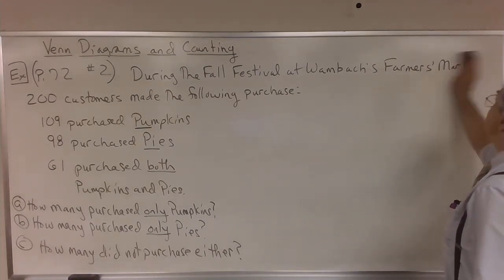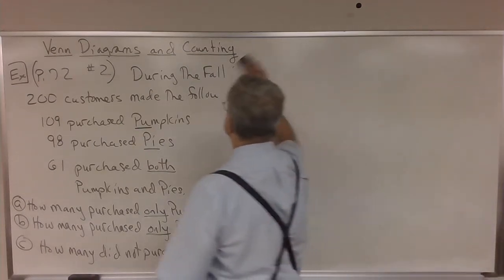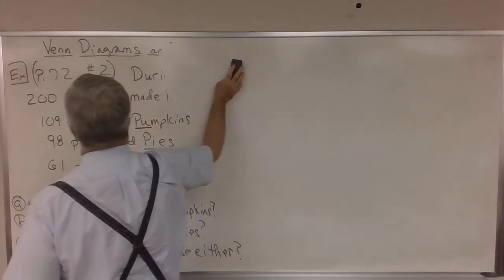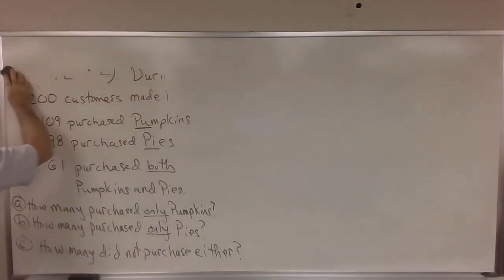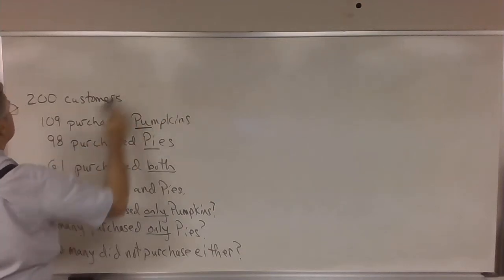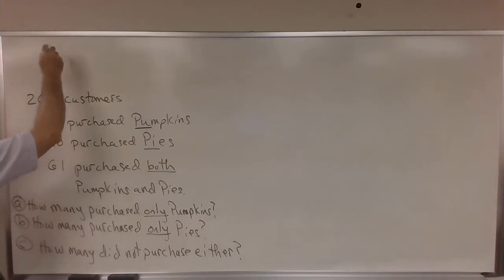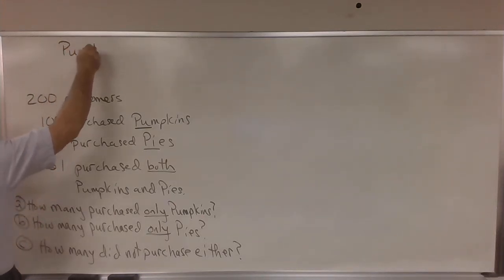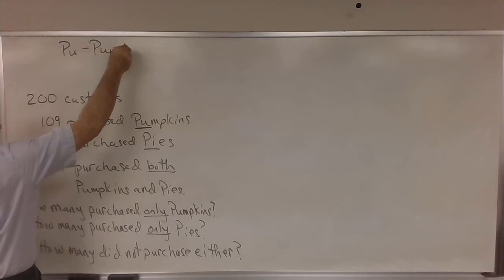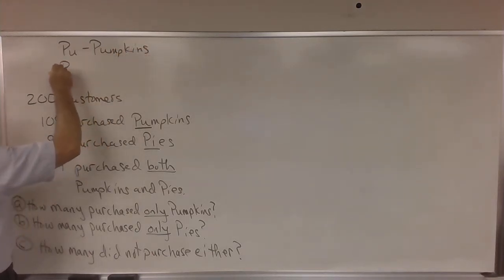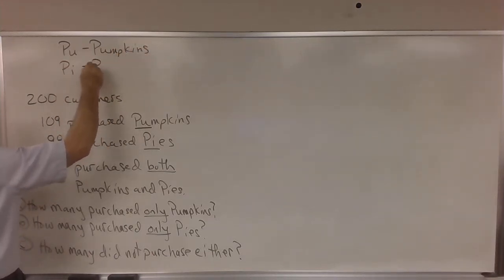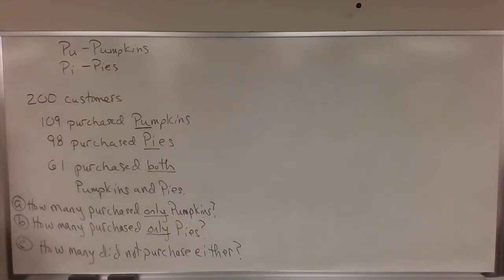Okay, now let's draw our Venn diagram. And the PU circle means they bought pumpkins. The PI circle means they bought pies. And our universe is the 200 customers.